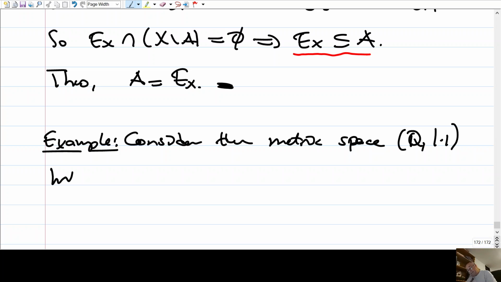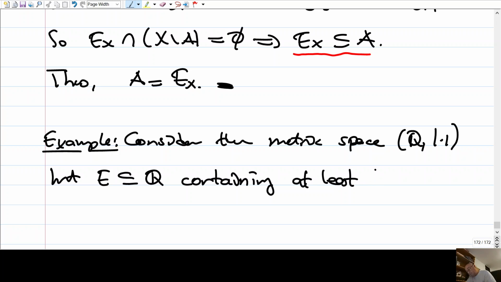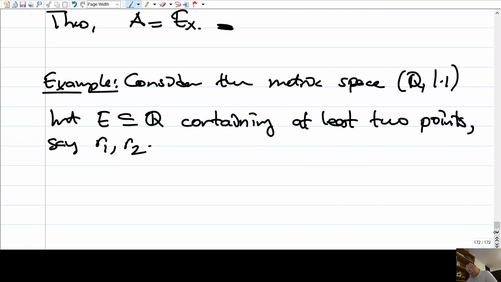Let E be any subset of Q containing at least two points, say r1 and r2, two rational points.